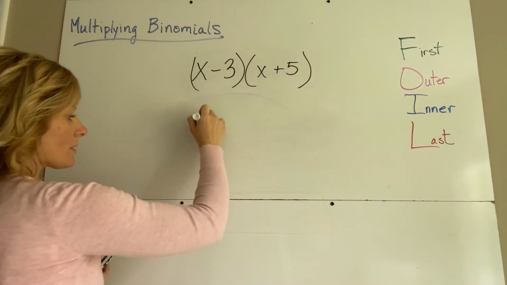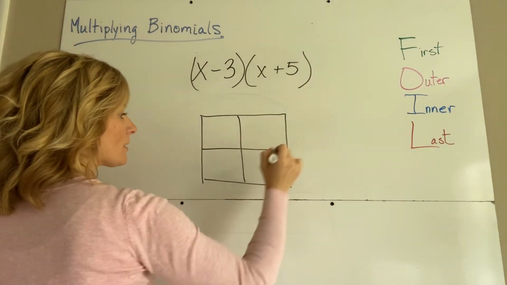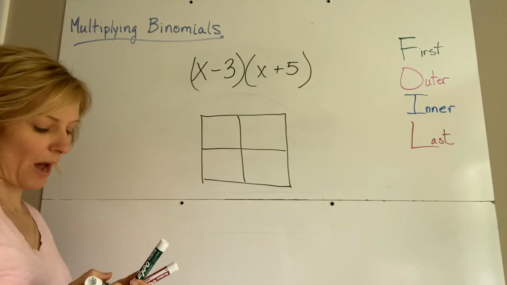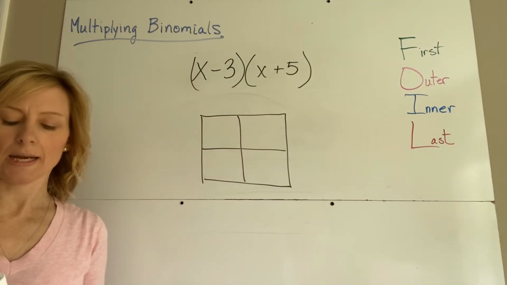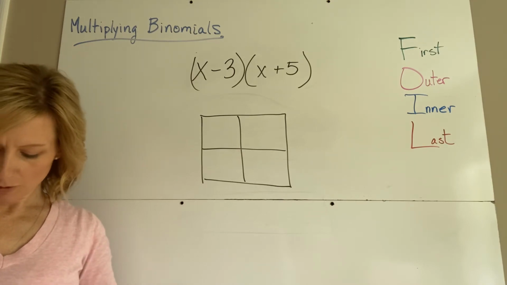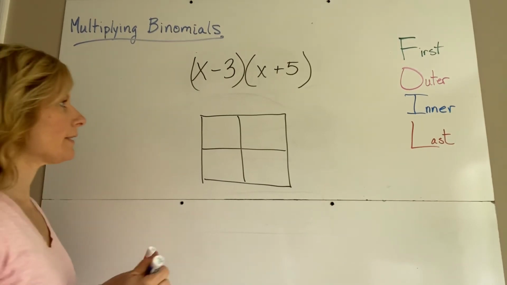Here's the method. This is called the box method. I'm only going to show it once because you can watch it again and again. Some of you are going to like this better than foiling, and some of you are going to think, heck no, foiling is so simple. That's okay, it's completely your prerogative.